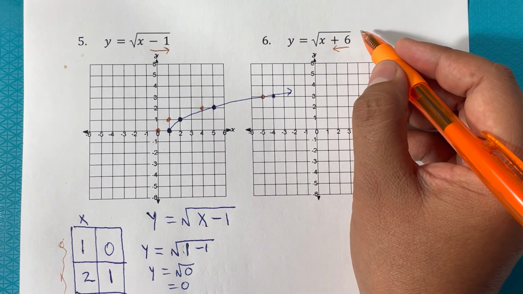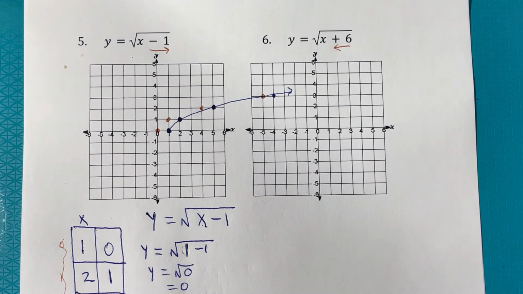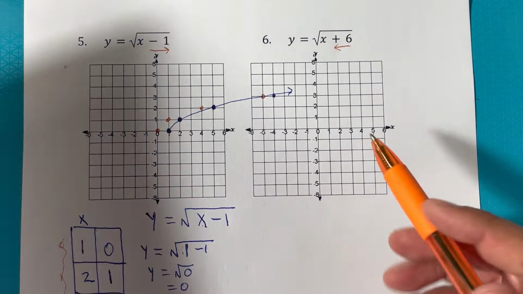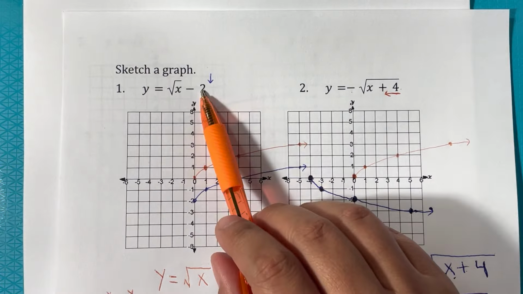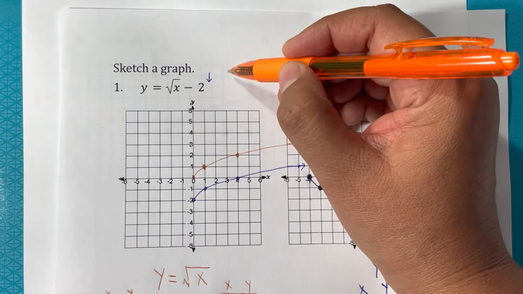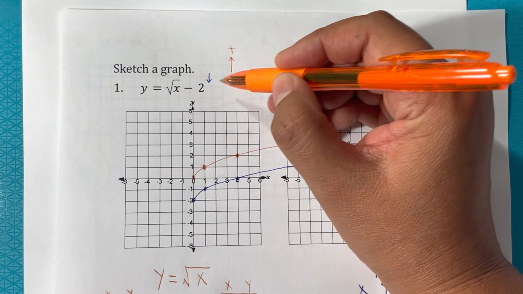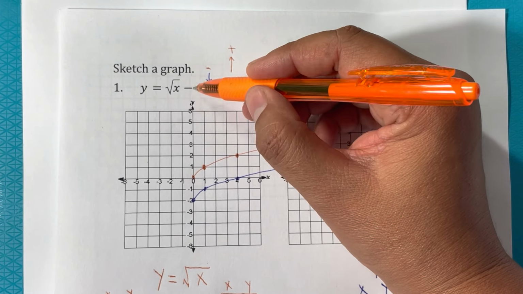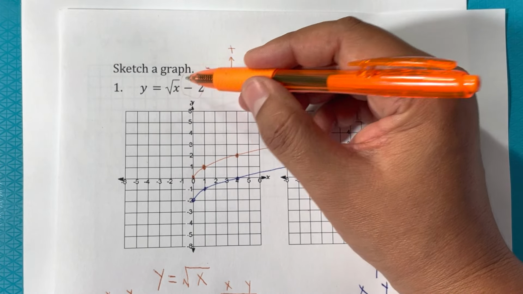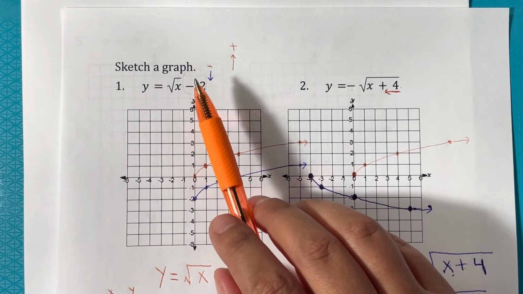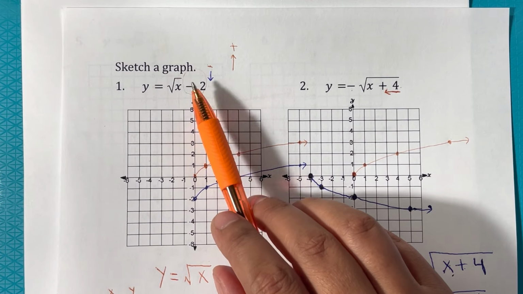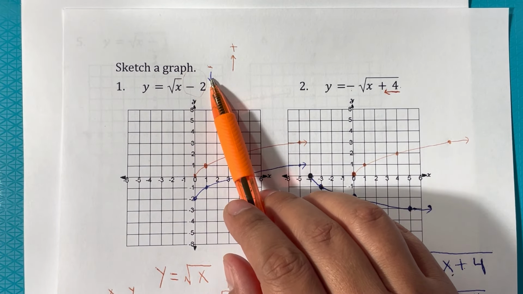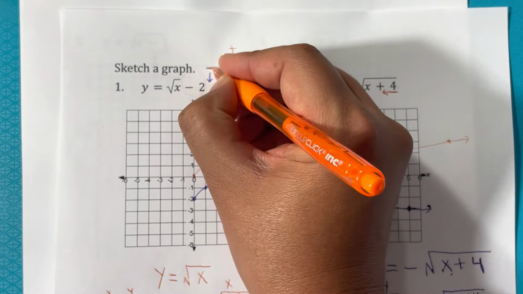You saw in the first one, number 1, that the addition or subtraction was outside. That's going up for positive or down for negative when it's outside of the square root. Subtracting or adding outside of the square root, up or down, depending, and that one does follow the sign.